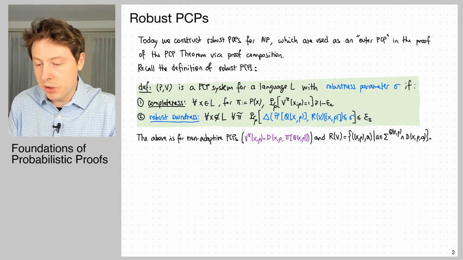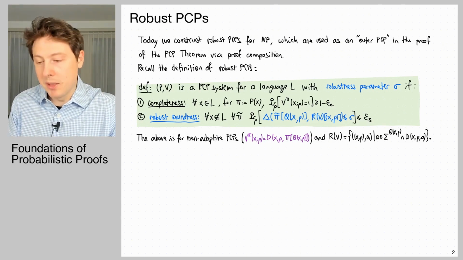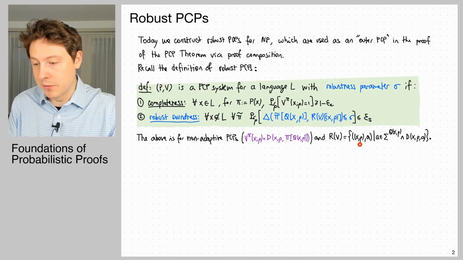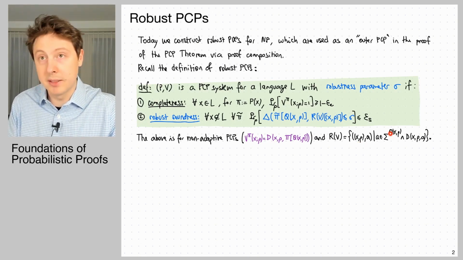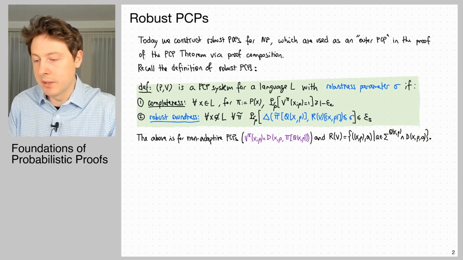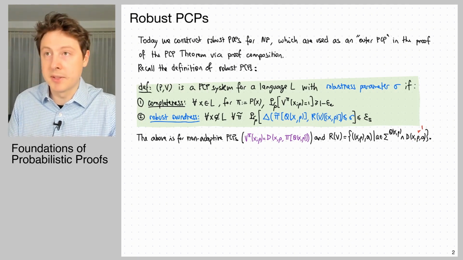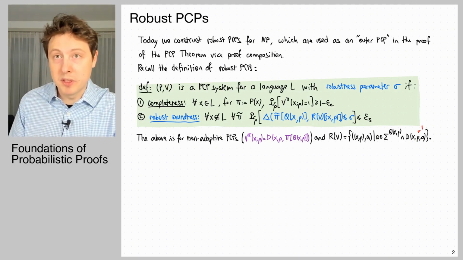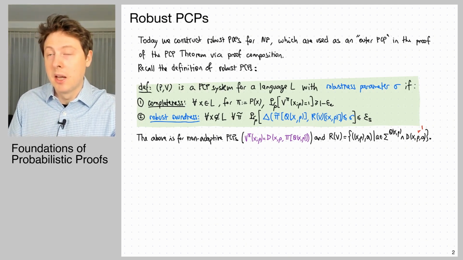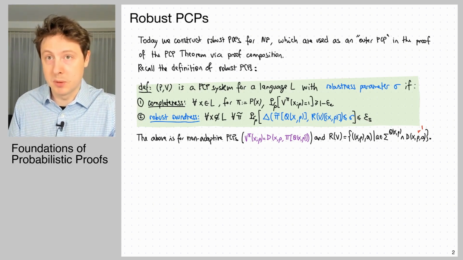Using this decomposition, you can define a relation of accepting local views: you give me the instance for the verifier, the randomness for the verifier, and a candidate local view indexed by the correct indices, and you ask whether the decision algorithm says yes. This is a strengthening of normal PCPs, because normal PCPs say that the probability that a local view is accepting is small. Here we're saying that the probability that a local view is close to accepting is small.